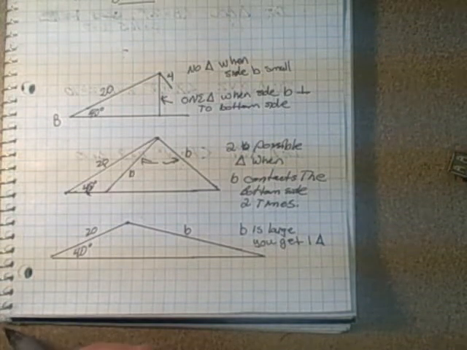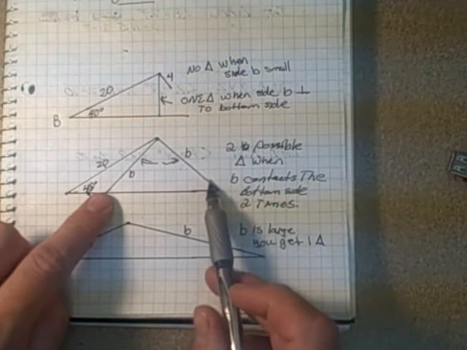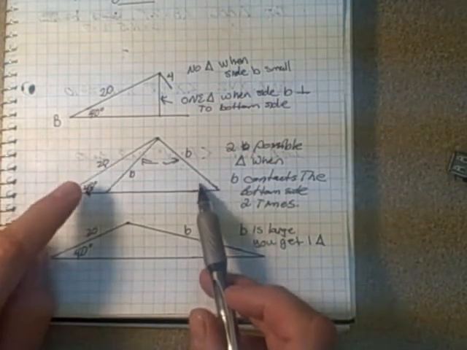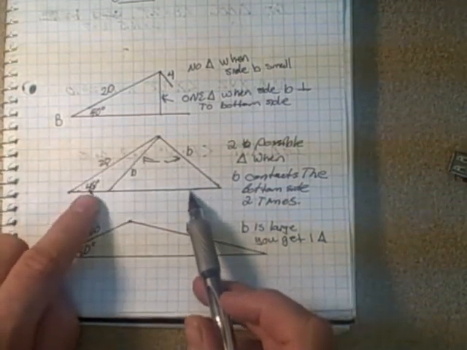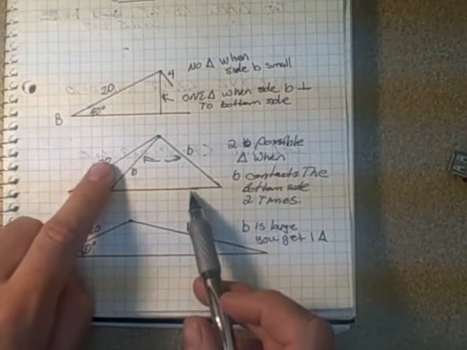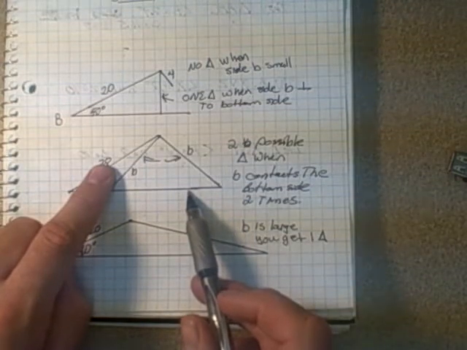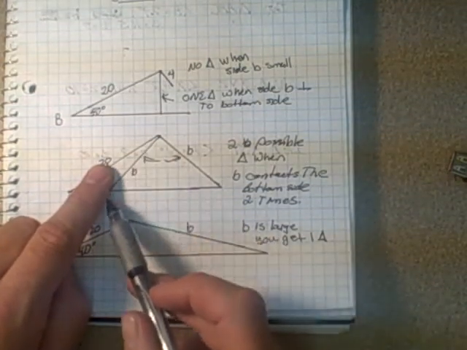If there are two triangles, you'll have a case where the sine of this angle multiplied by this adjacent side is going to be less than the opposite side.